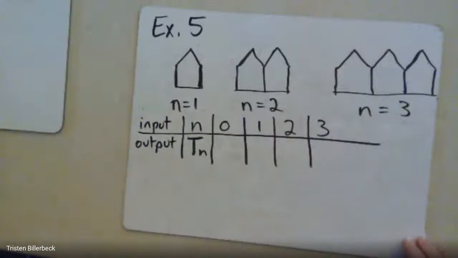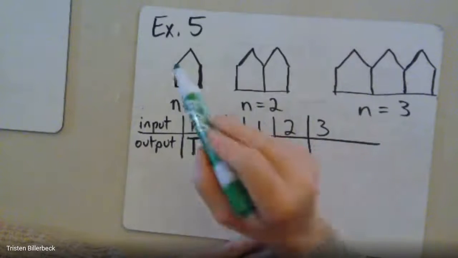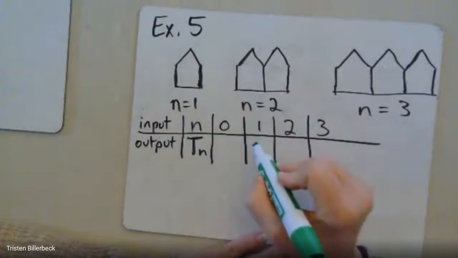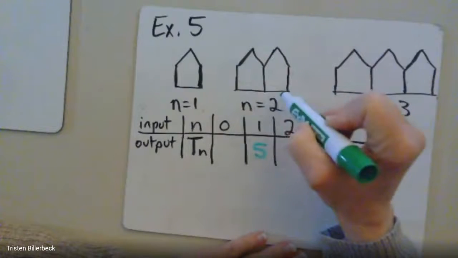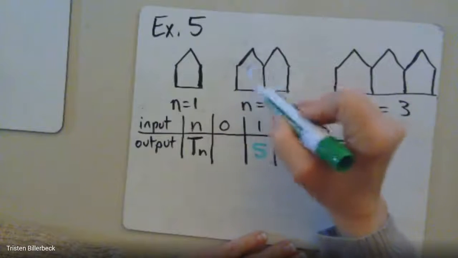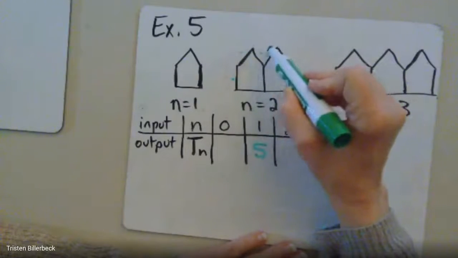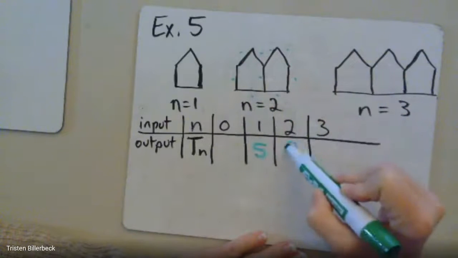So with figure 1, we're going to count: 1, 2, 3, 4, 5. So we have 5 sides on figure 1. Now we need to look at how many little matchsticks made this figure. So 1, 2, 3, 4, 5, 6, 7, 8, 9.